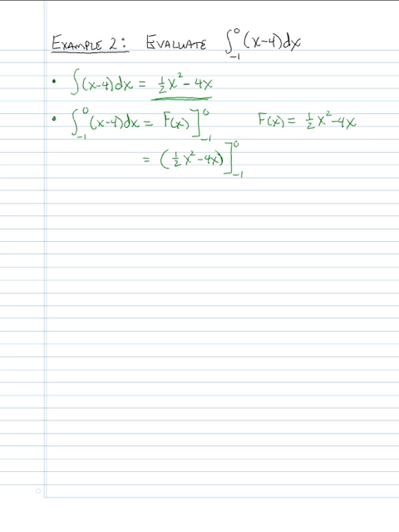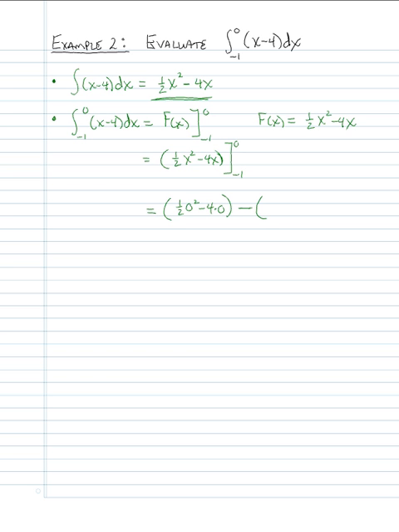Now we read it from -1 to 0, but to do the evaluation, we put the top number in first. So we're replacing x's with the value 0 in our expression. So we'll have, instead of 1/2 x squared, we'll have 1/2 times 0 squared. Minus, instead of 4x, 4 times 0. So that's what we get when we put the 0 value in, and then a subtraction sign.